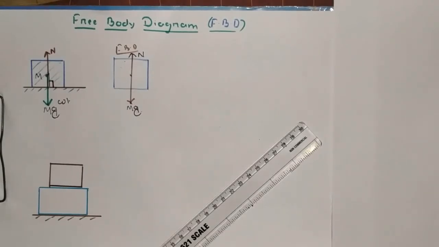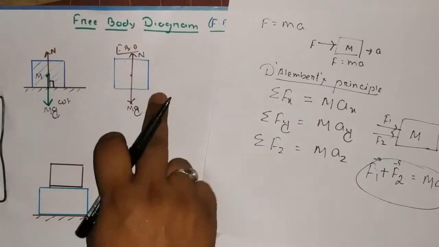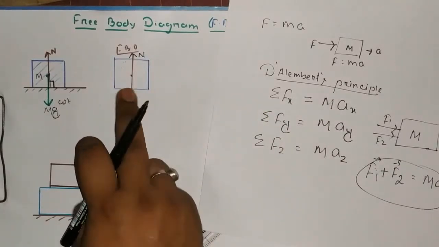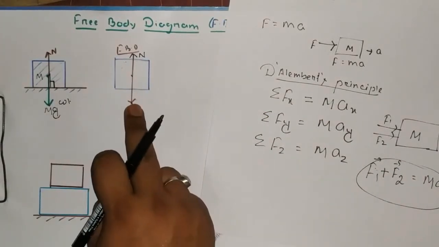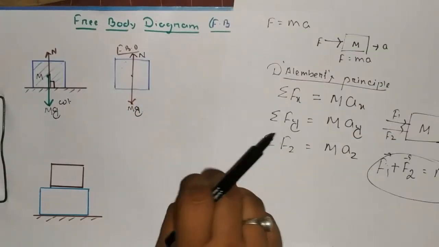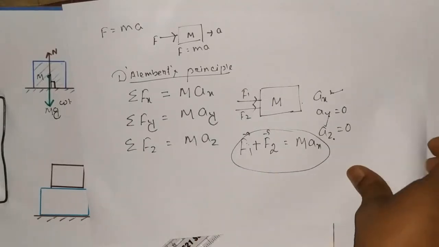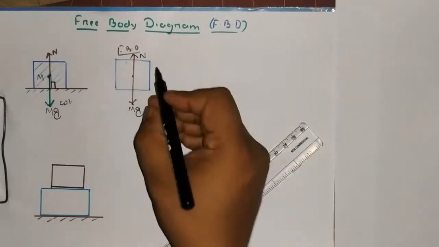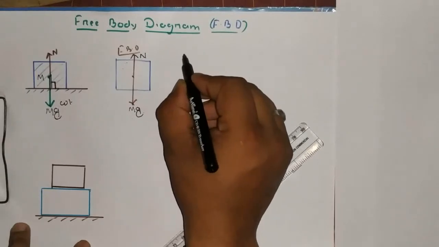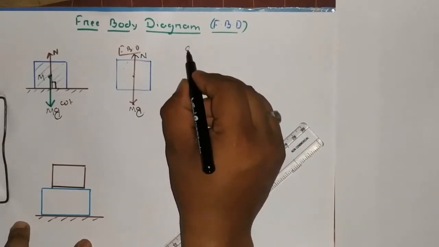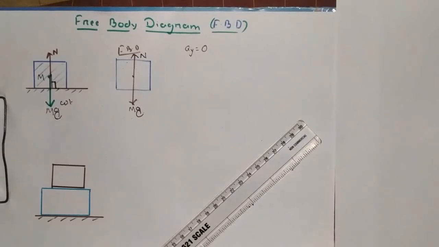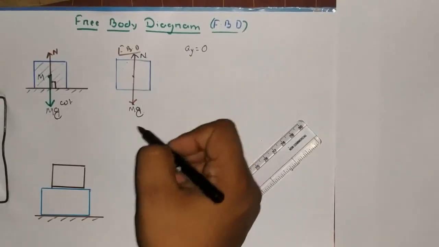Can we apply D'Alembert's principle here? This is for which axis? X-axis, y-axis or z-axis? Yes, you are right. This is the y-axis. That means I will write summation of Fy equal to m ay. Is the body in motion or at rest? Rest. Rest means acceleration along y-axis is 0. Now, the body is at rest, that is okay, but what are you getting here? One is upward, one is downward.